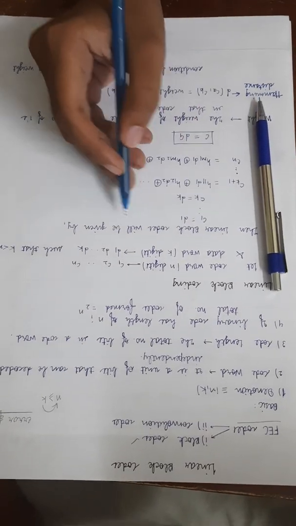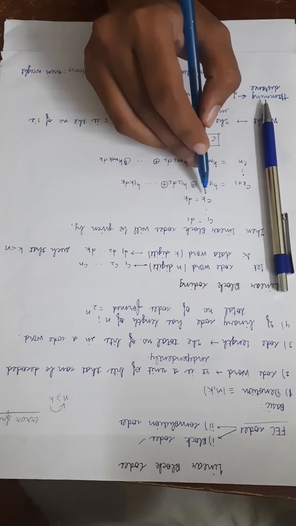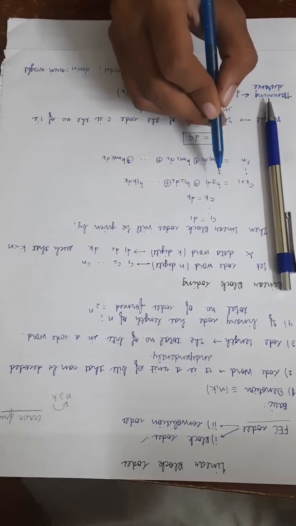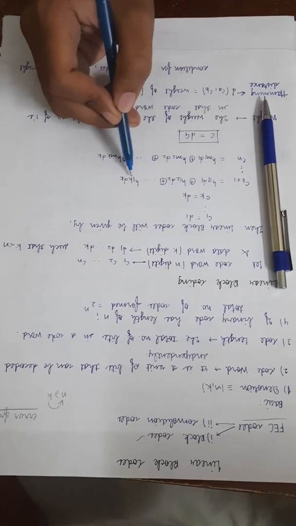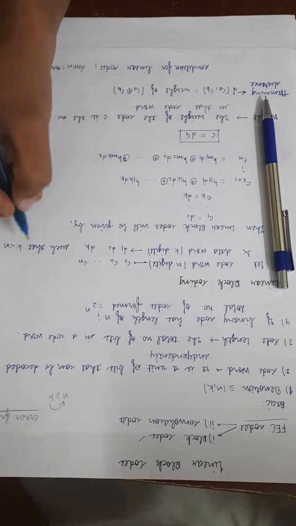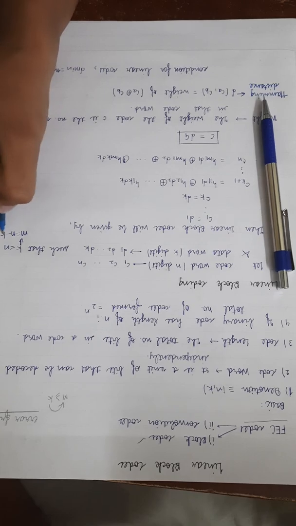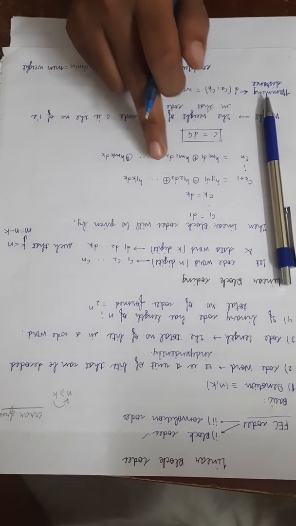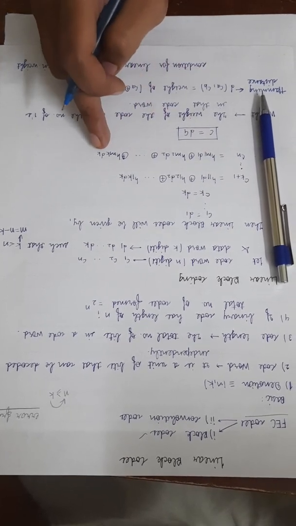Then the linear block codes will be given by C1 is equal to D1 up to Ck is equal to Dk, and after that Ck+1 will be H11 D1 XORed with H12 D2 up to H1k Dk. The remaining m equal to n minus k terms are the parity check digits formed by the linear combination of data digits D1, D2 up to Dk.